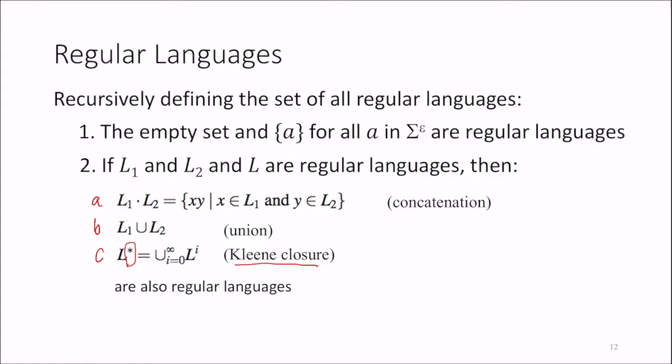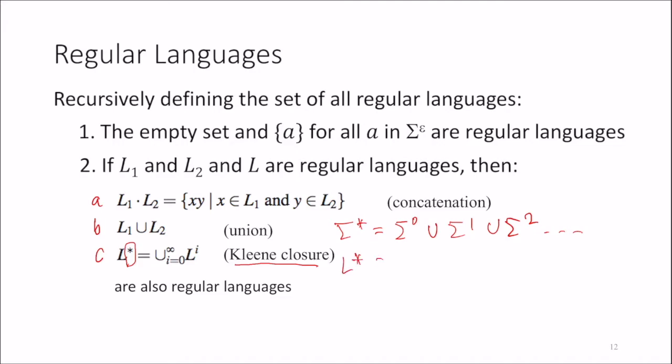So instead of Kleene closure, we often refer to it as the star operator. So L star is very similar. If you remember, you take sigma 0, which was all of the strings of length 0, union sigma 1, union sigma 2, and so on. And this was called sigma star.